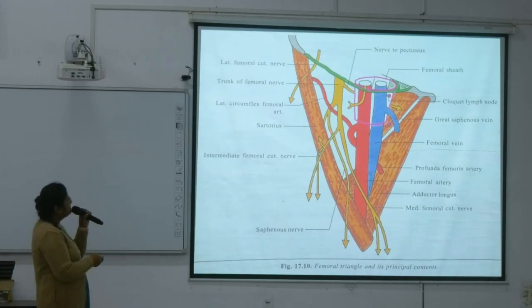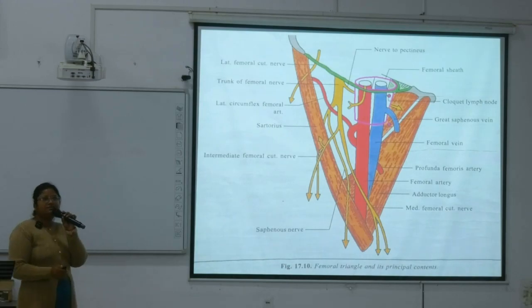From the anterior division, this is the medial femoral cutaneous nerve crossing near the apex from lateral to medial the femoral vessels, and this is the intermediate femoral cutaneous nerve piercing the sartorius muscle, and also the muscular branch supplying the sartorius muscle. From the posterior division, going along the artery, this nerve is the saphenous nerve, which is a cutaneous nerve, and muscular branches will supply the quadriceps femoris.